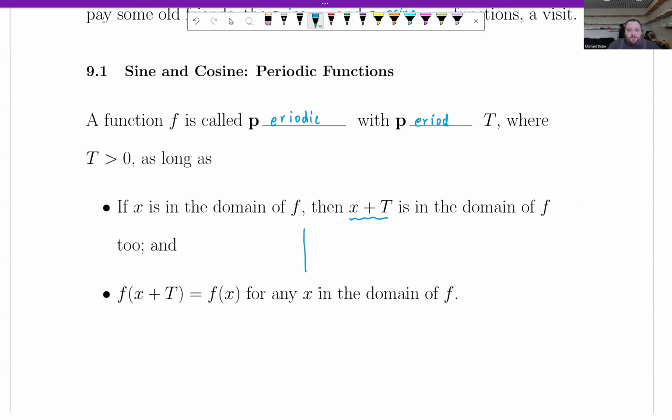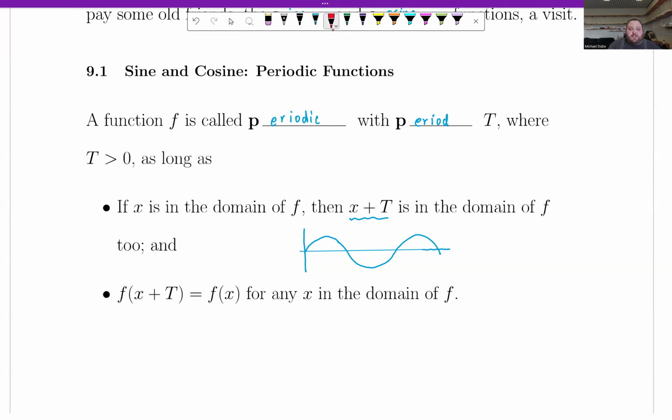So for example, if we just draw out one of our functions here that we know is periodic, we'll do the sine function. There we go.